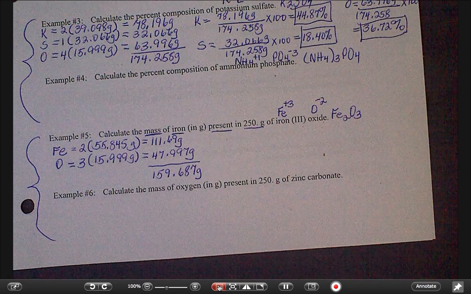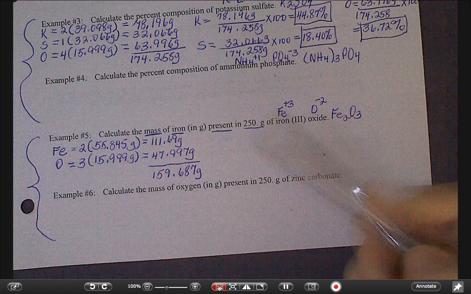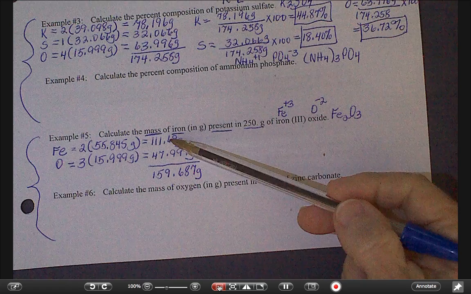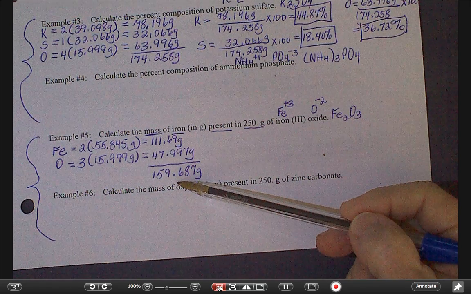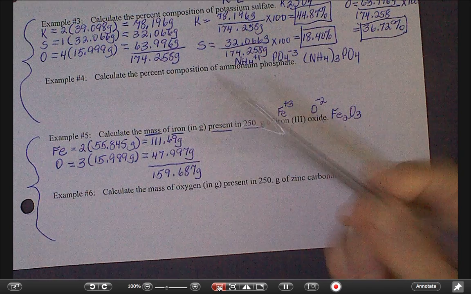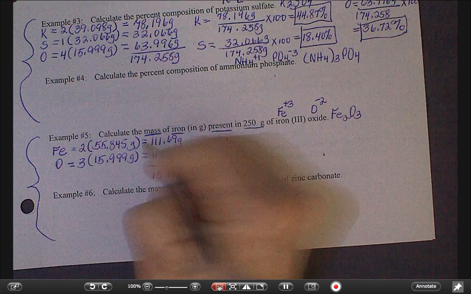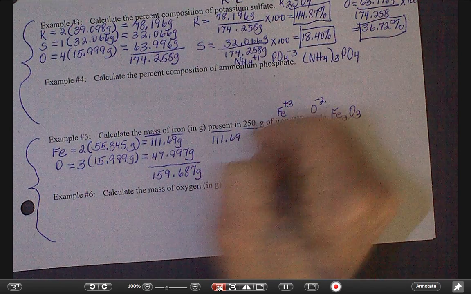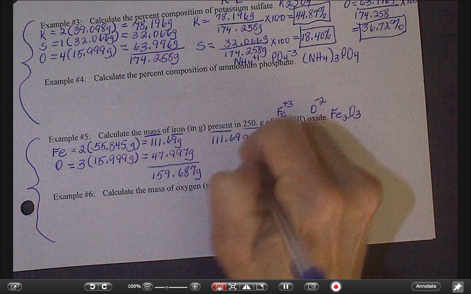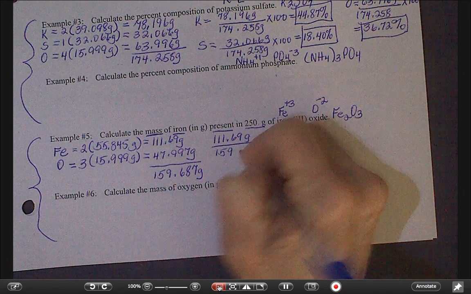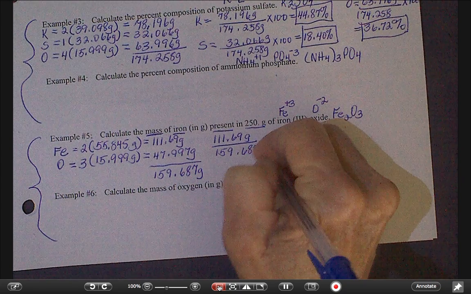Now then, I have to find out what is the percent of iron in iron oxide first. So I'm going to do the individual part. So I'm going to do iron only, 111.69 divided by 159.687.